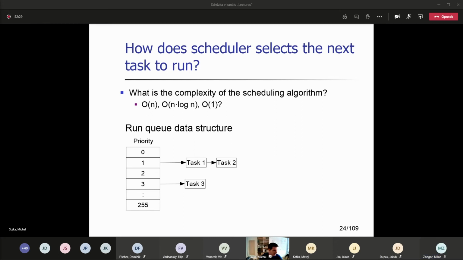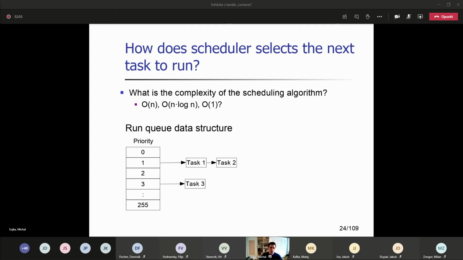So if you mean that the double linked list would not be a priority queue, but instead of priorities you would have a linked list even here in the vertical direction on this picture, right? I thought just the tasks would be in the double linked list according to their priority. Yeah, so it would be a list, and the list would be sorted according to the priority.